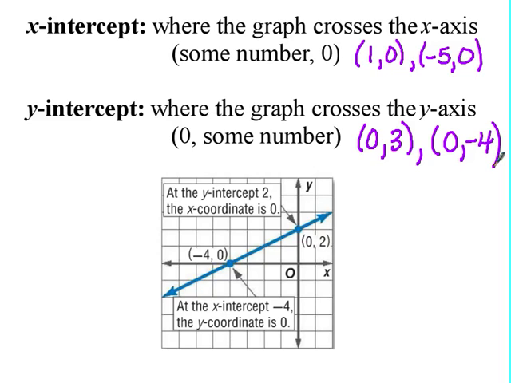That just kind of shows you the y-intercept of 2. The coordinates 0, 2. X-intercept of -4, coordinates -4, 0. So now we're going to talk about intercepts a little bit.